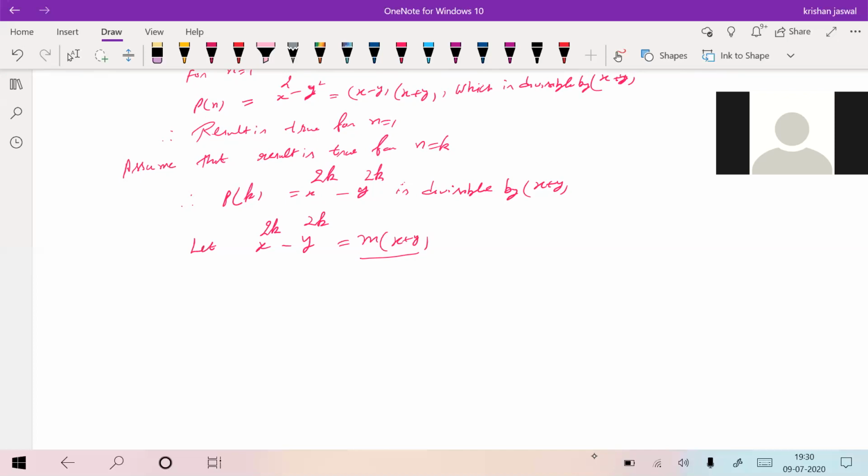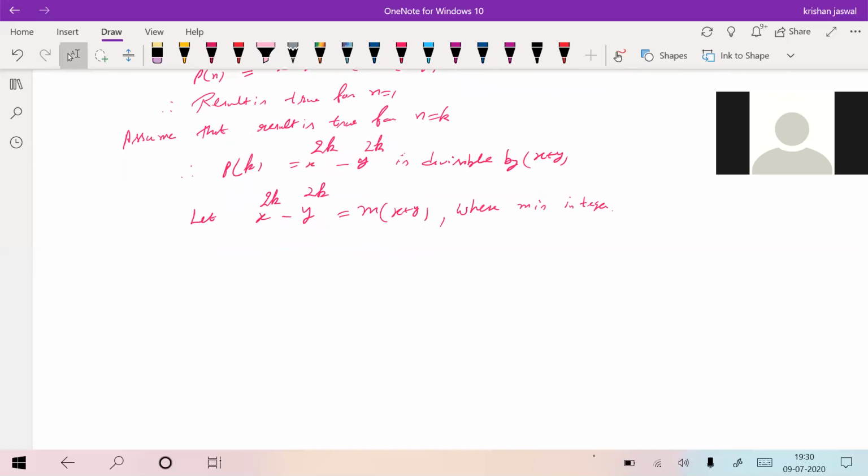There will be some integer when we solve this.